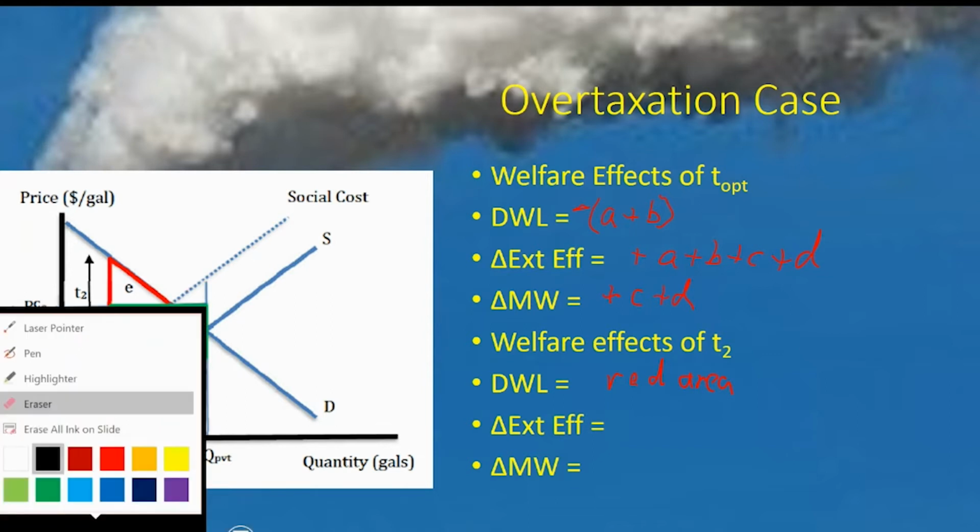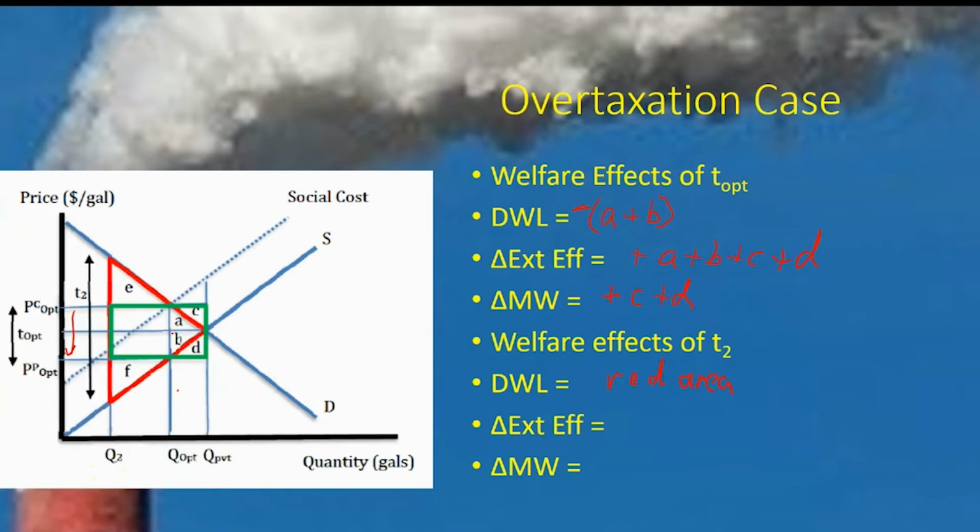At a tax T2, area B, the production efficiency loss, is going to extend to this whole area, and the consumption effect A is going to expand to this whole area here. So the total deadweight losses are negative the red area. The red refers to the negative effects caused by the tax T2.